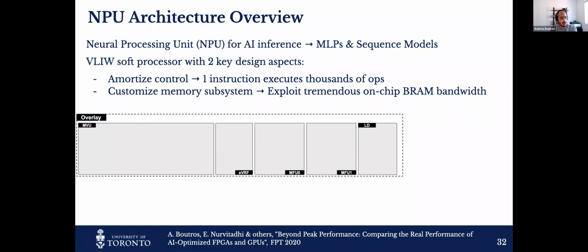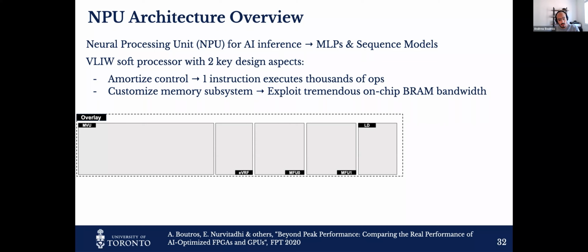So this overlay architecture is a VLIW soft processor, and it follows two key design philosophies. The first one is to amortize control. Those instructions are very expressive, so a single instruction can actually trigger the execution of thousands of operations.